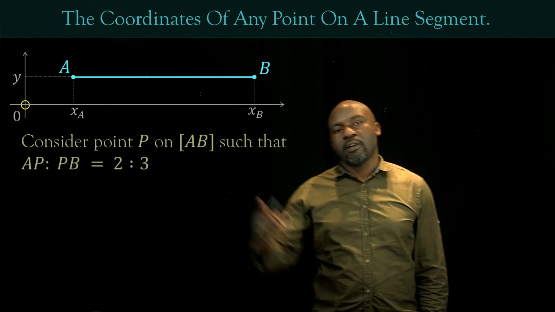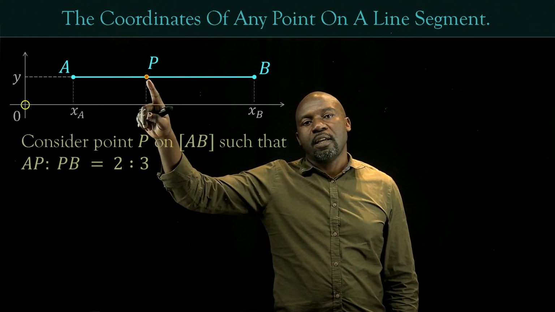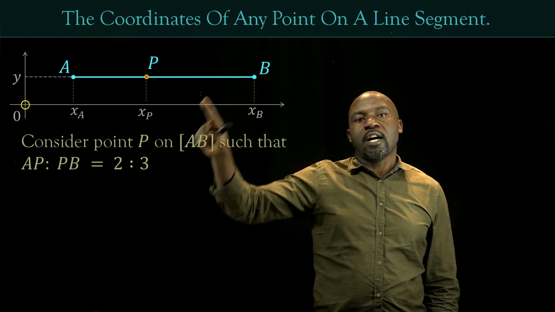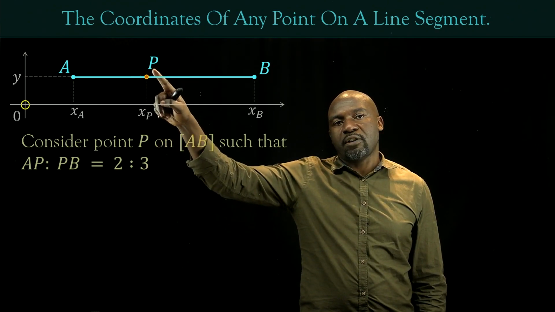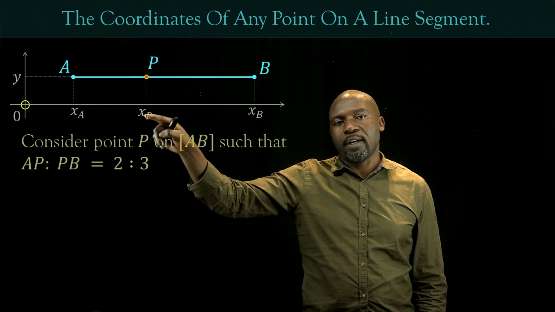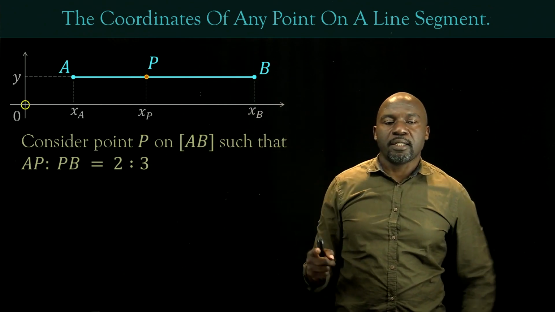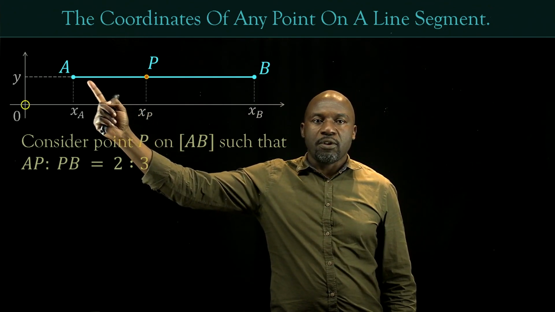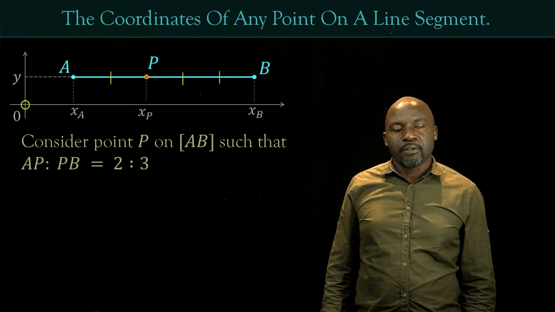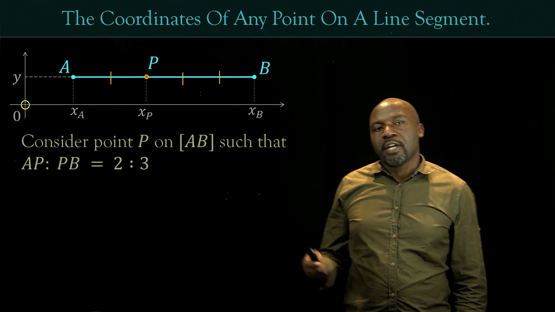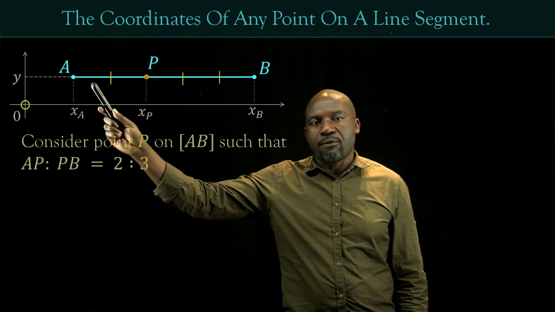Consider the point P on line AB so that AP to PB are in the ratio of 2:3. The x-coordinate of the point we are looking for is xP. If point P is on line AB in such a way that the ratio is 2 parts to 3 parts, that's the ratio in which they are divided, then you can see that AP takes 2 parts of the total 5.